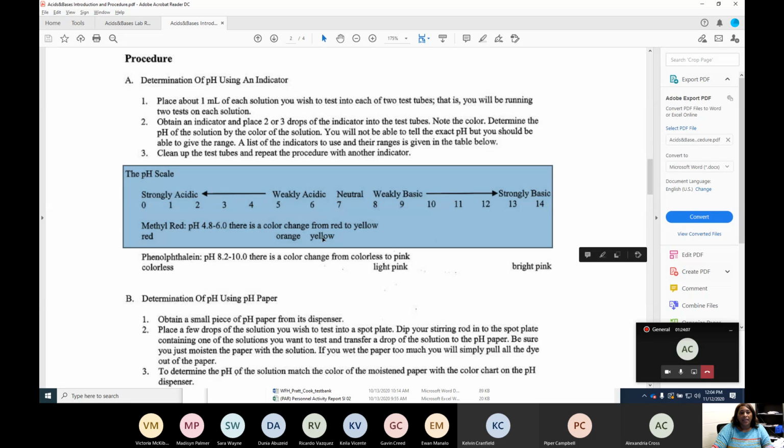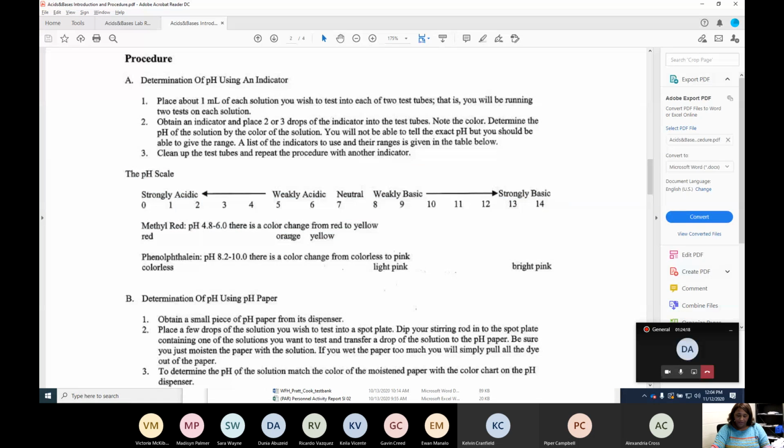However, if your methyl red changes to a more orange color, then you're looking at a pH value between maybe 4 and 6.